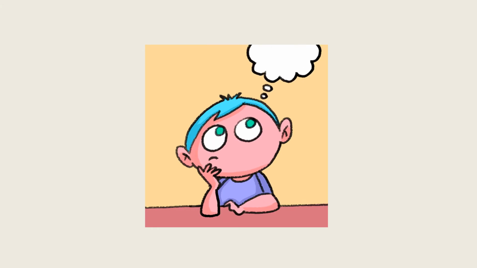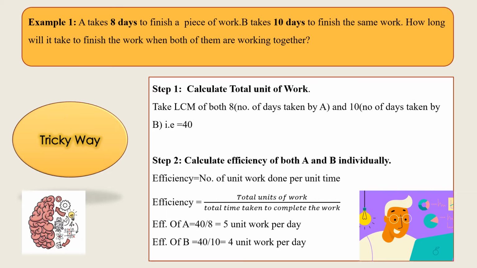This is the tricky way that we are going to use to solve most of the problems of time and work. This method consists of 4 steps. We'll try to solve the same problem so that there will be no confusion in the concept.